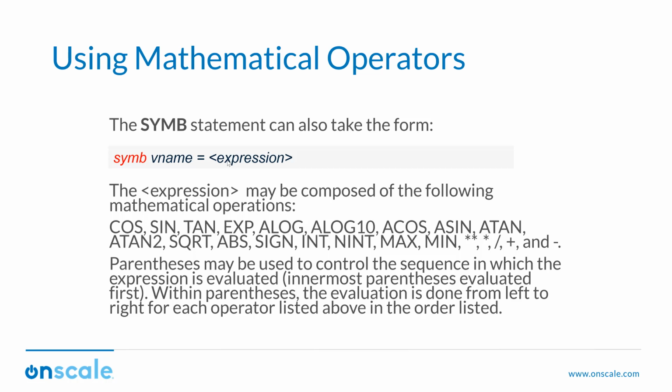So if you do cosinus 0.3, you'll get the result of this expression saved into this variable. And you can use parentheses to control the sequence in which the expressions are evaluated, like you would do for any kind of mathematical equation.